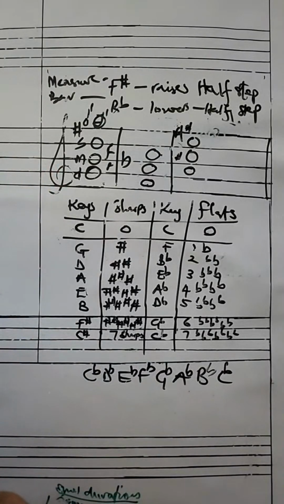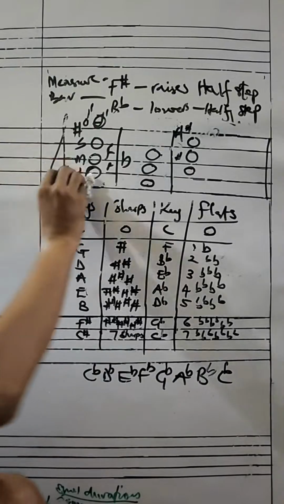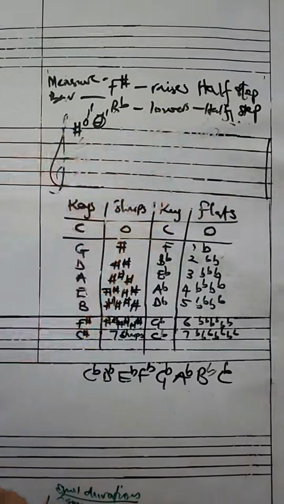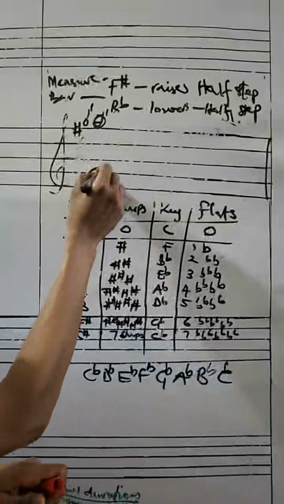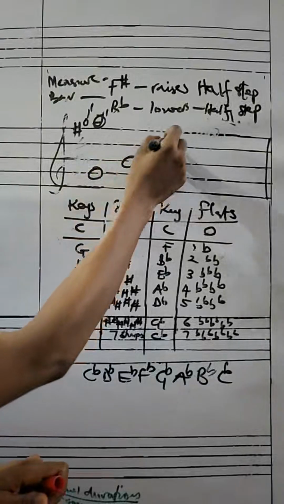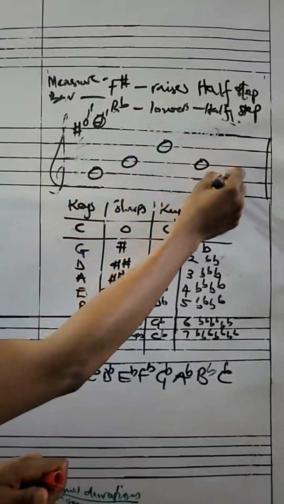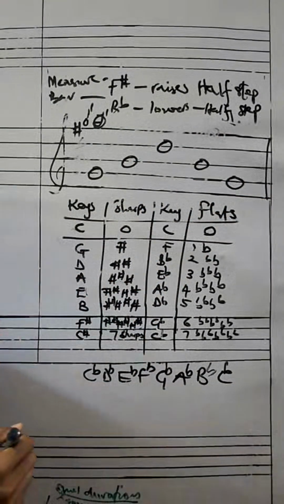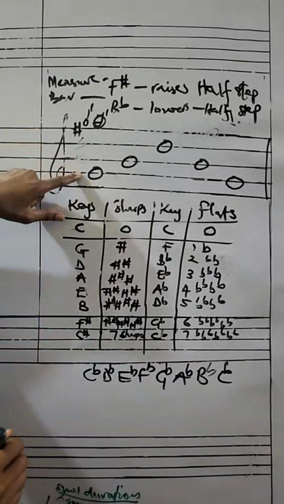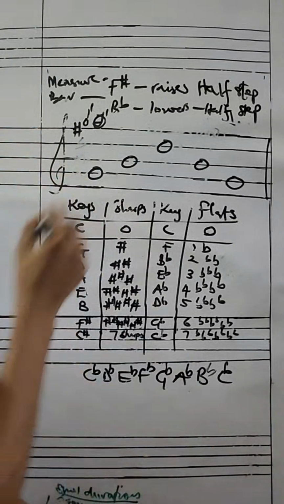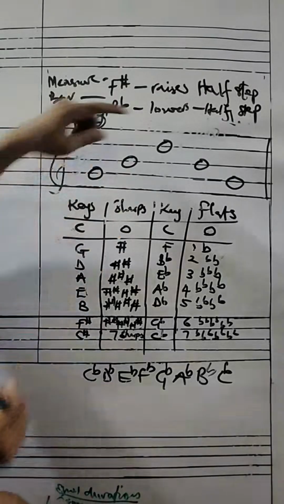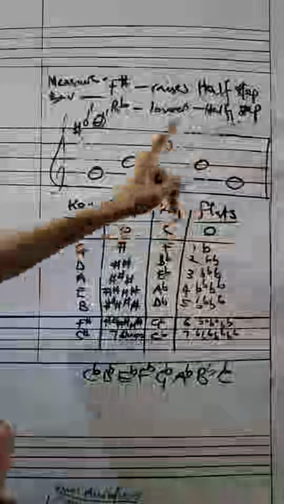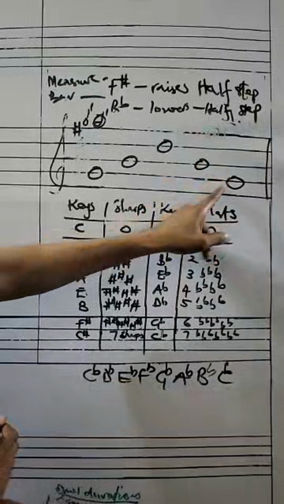So let's say you see a piece of music in the key of G. Let's quickly sight read this. 1, 2, ready, go. Do, Mi, So, Mi, Do.